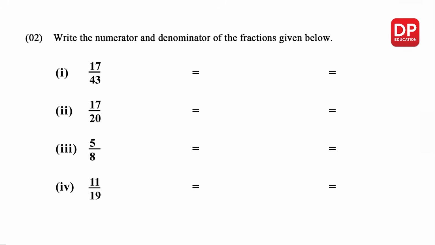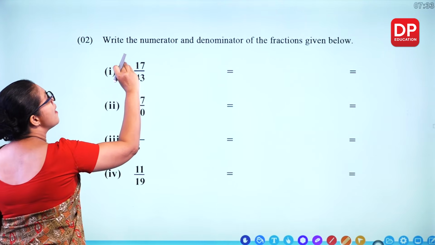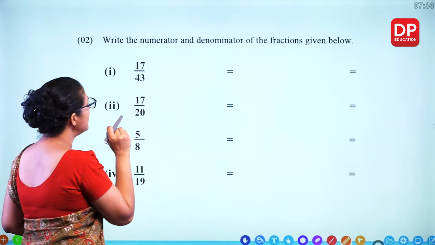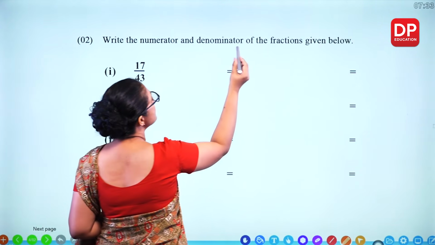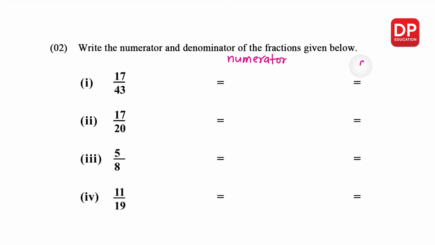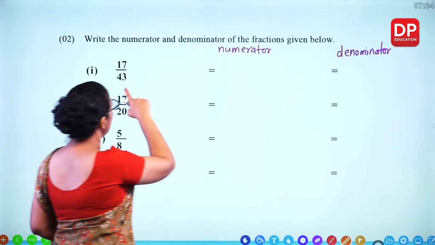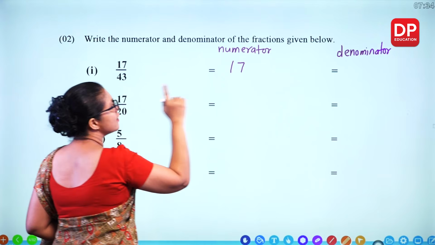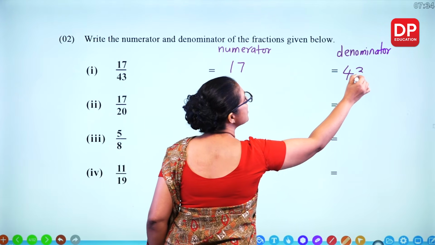Write the numerator and denominator of the fractions given below. We know the number above the line is the numerator, and the number below is the denominator. So what's the value here? 17 is the numerator, 43 is the denominator.